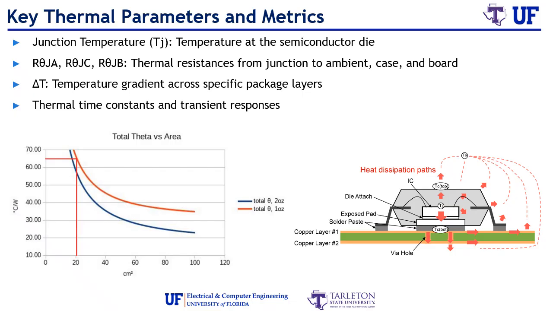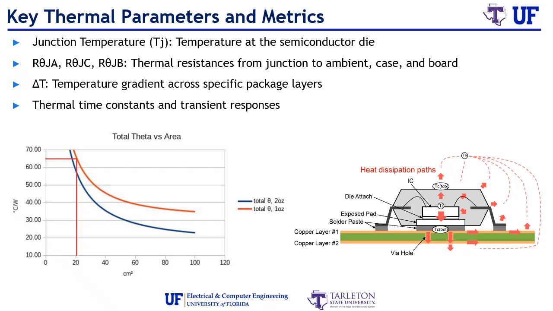Next are the thermal resistances, R theta JA, R theta JC, and R theta JB, which describe how efficiently heat moves from the junction to the ambient, case, and board, respectively. These parameters help engineers quantify how well heat is being transferred out of the device.